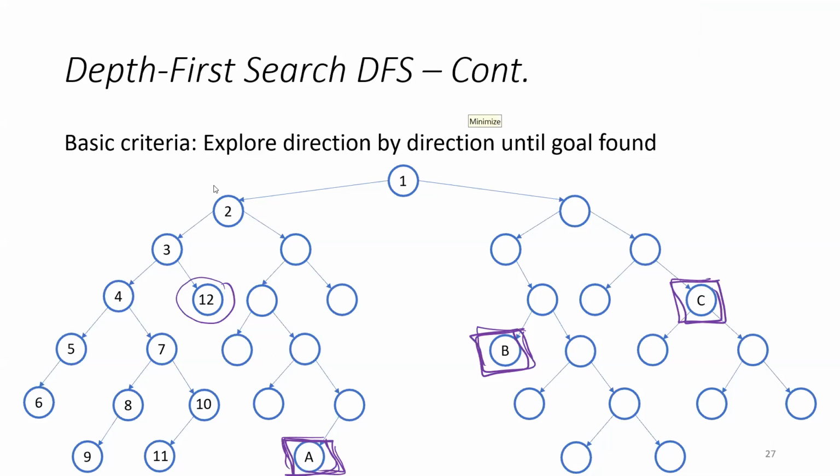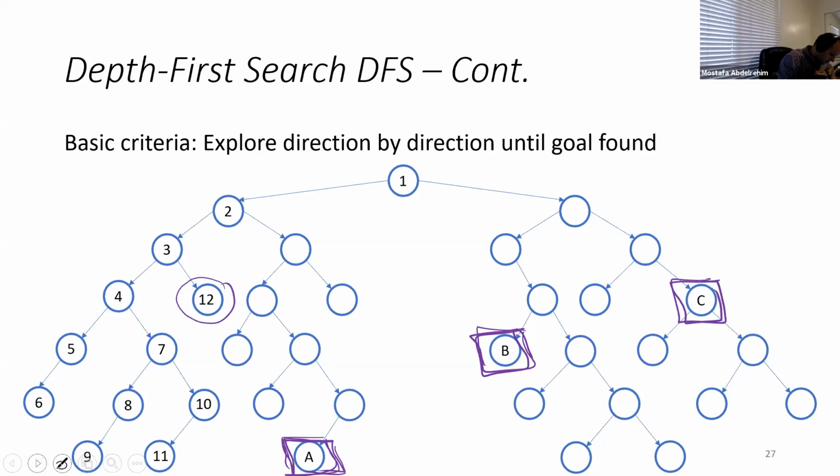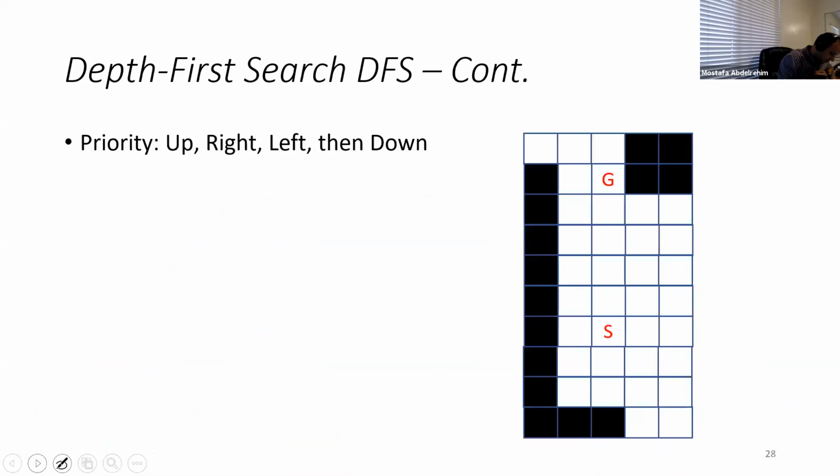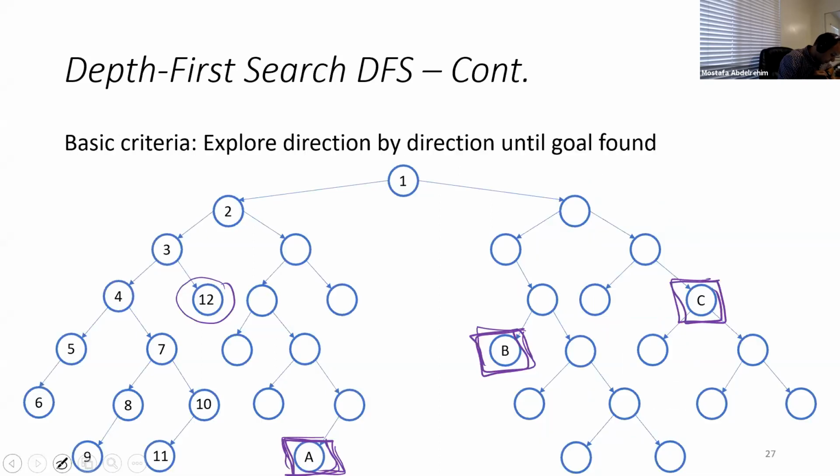So let's check 19, 24, and 32. I didn't put the solution, but let's do it together. That's fine. If you all got it, we can check at least A. So this is 12. We go back here.